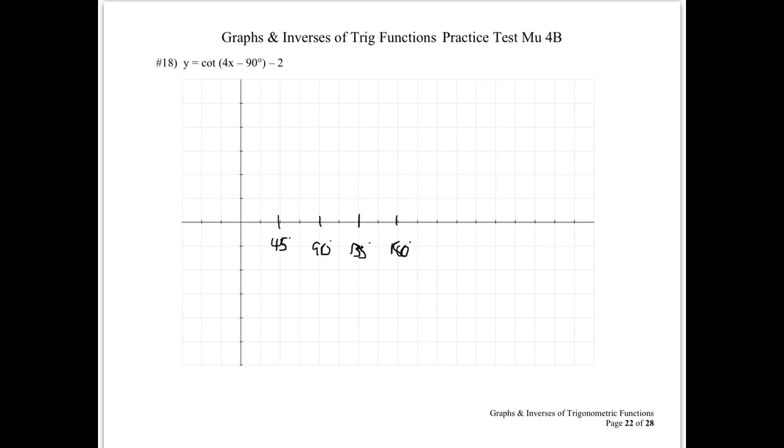So, graphing my parent, which I think I did in red, had a vertical asymptote on the y-axis, had a vertical asymptote at 180 degrees, and my curve was positive 1 at 45, so it looks something like this.